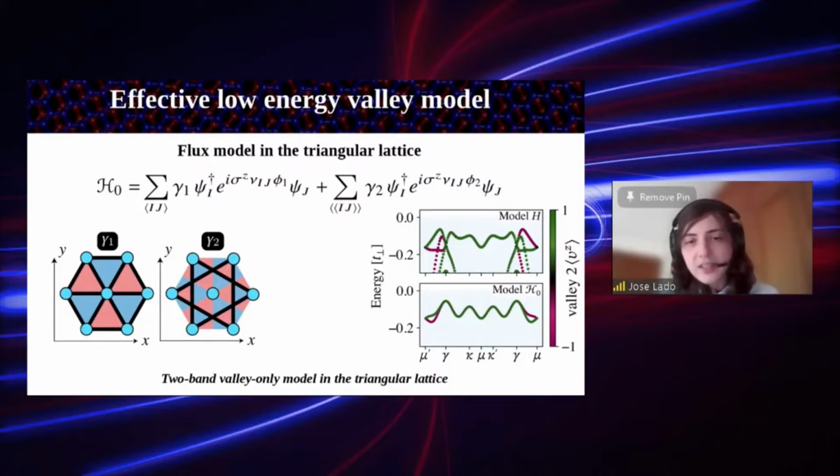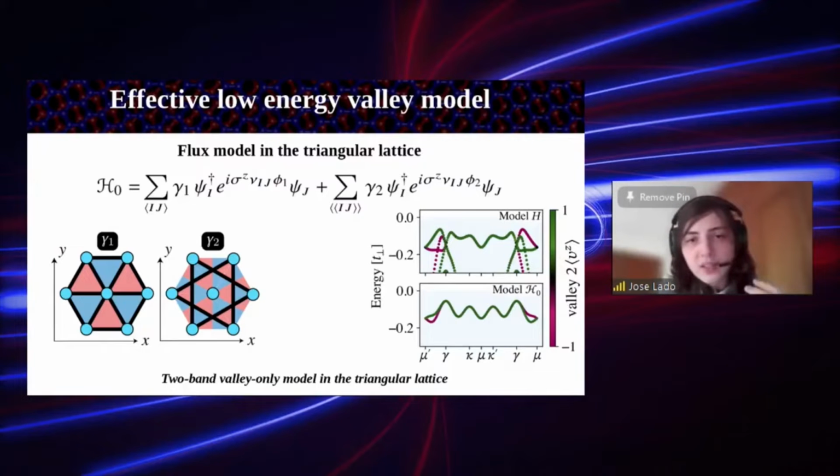So the basic idea is that just by combining this twisted graphene bilayer with ferromagnetic insulators, we are capable of creating an effective model in the triangular lattice whose low energy physics is just controlled by two different parameters, and perhaps most importantly, where the spin degree of freedom has been fully lifted, and the only remaining degree of freedom that this system has is the valley degree of freedom.